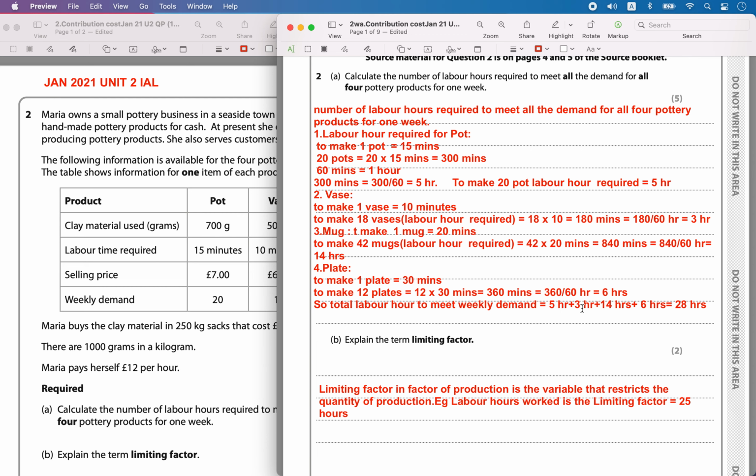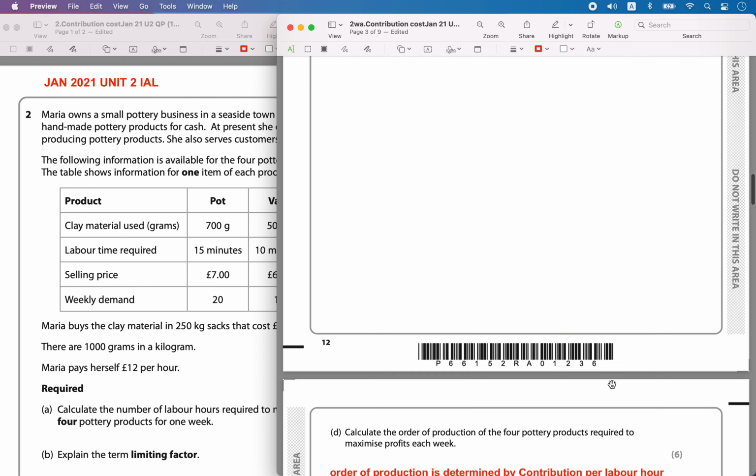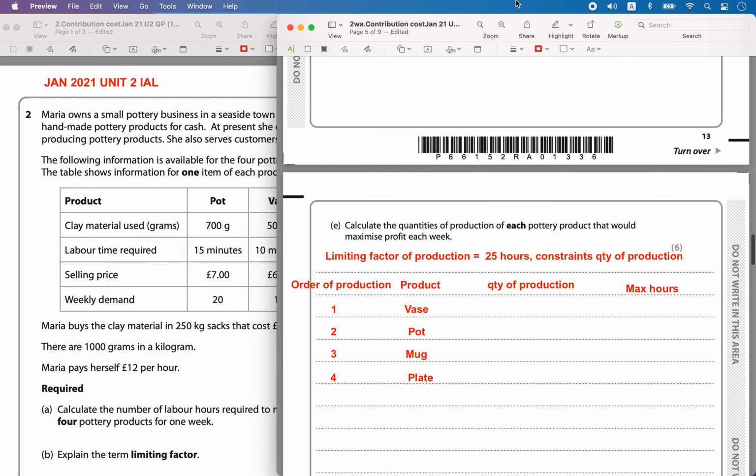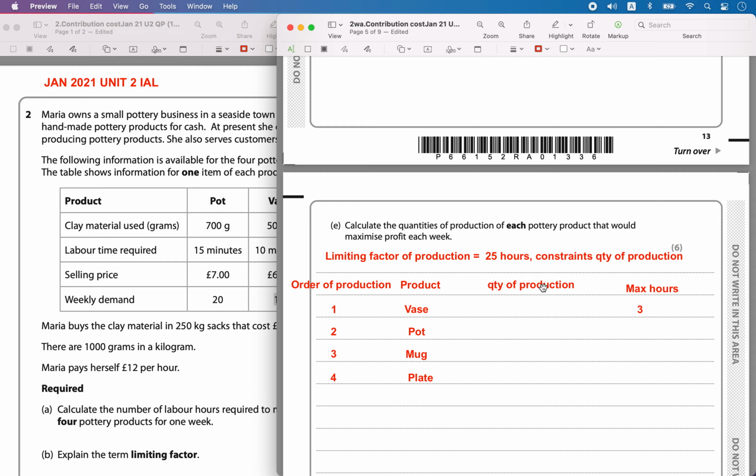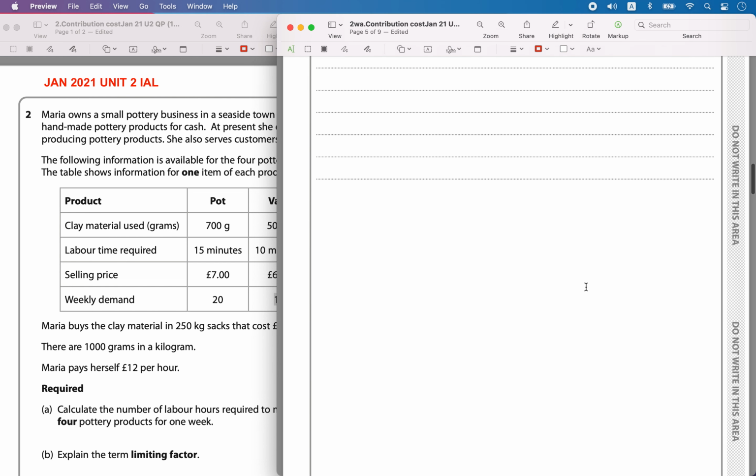The vase required 3 hours to produce a total quantity of 18. So it takes 3 hours, which is within the 25 hours, so I will be able to complete all 18 vases.